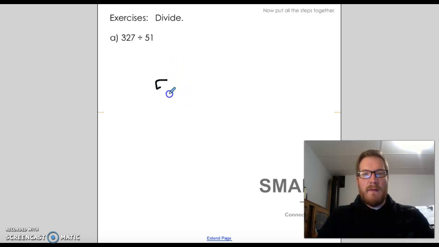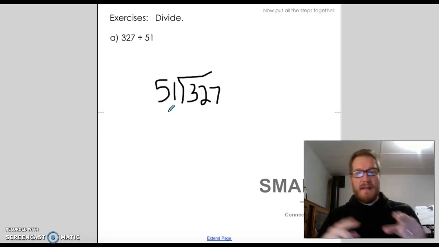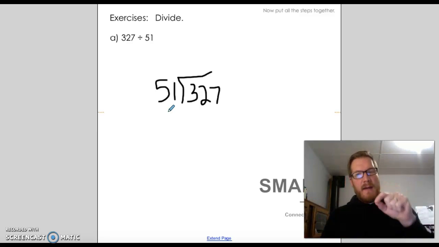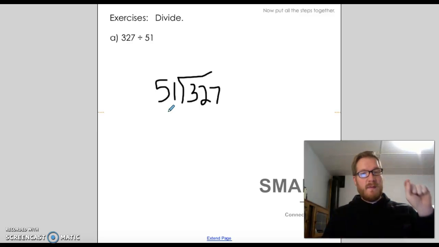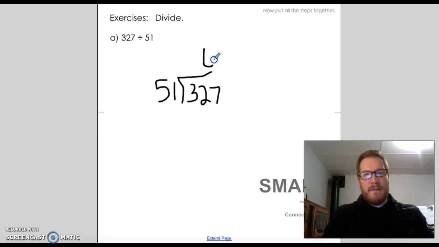So I'm going to do 51 into 327. And so again, I'm going to use the strategy, so I'll round down to 50 into 327, and then I'm going to simplify the question. So I'm going to think 5 into 32 is going to fit 6 times.